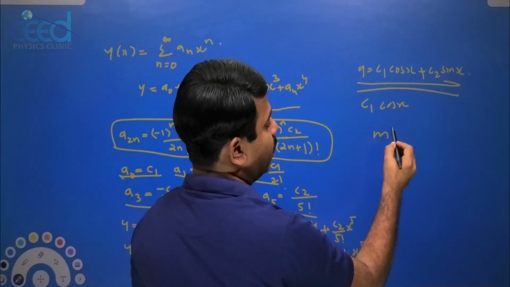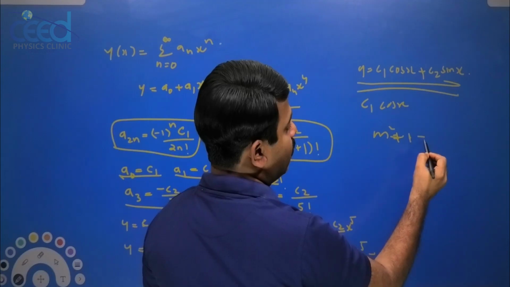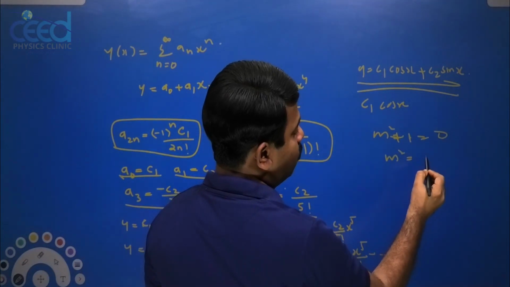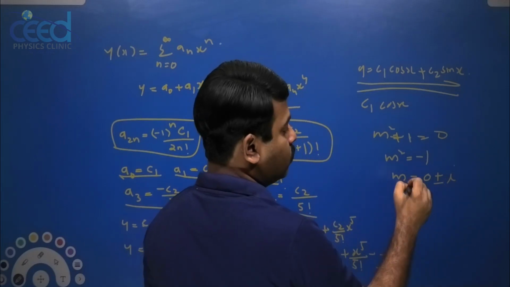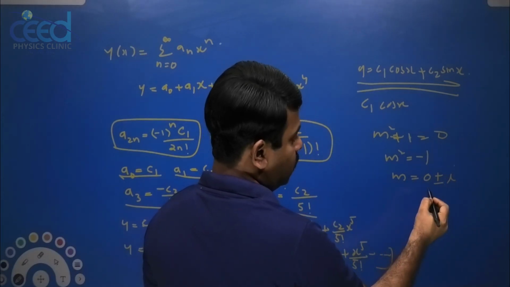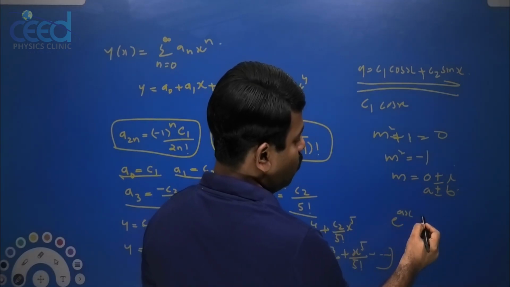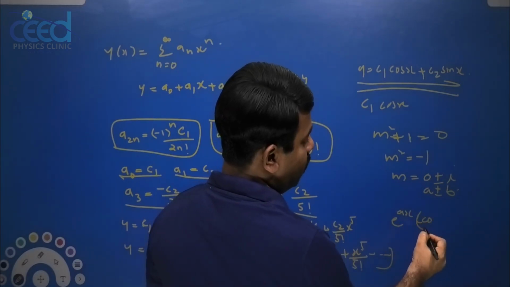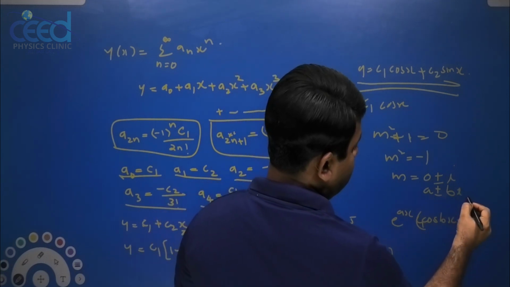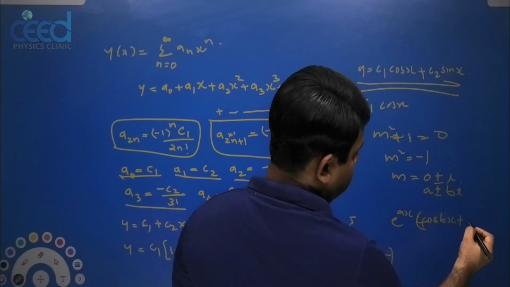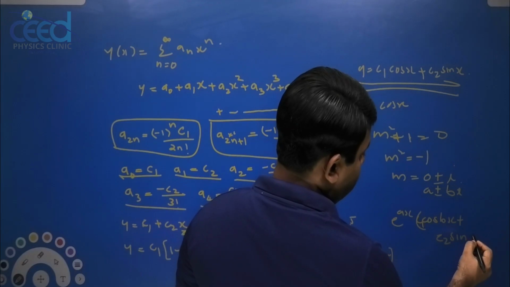By solving the auxiliary equation, initially we had m square plus 1 is equal to 0, m square is equal to minus 1, m is equal to 0 plus or minus i. Then the solution is in the a plus or minus ib format: e raised to ax into c1 cos bx plus c2 sin bx.